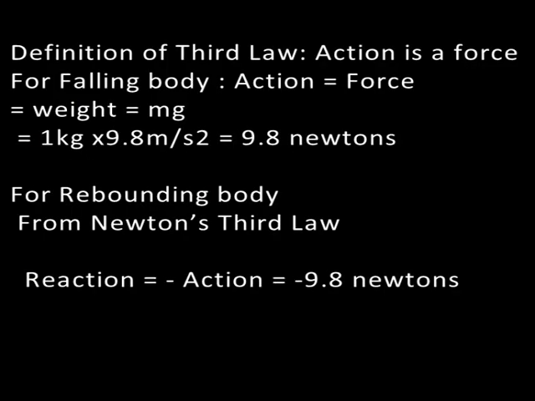If the mass of the body is the same, then action, that is force or weight, would be the same irrespective of shape and composition. For a body of mass 1 kg of different shapes and compositions, the action is the same, 9.8 newtons, hence the reaction is also the same, 9.8 newtons, according to Newton's third law of motion. It must be experimentally confirmed whether action is precisely equal to reaction in magnitude and opposite in direction.